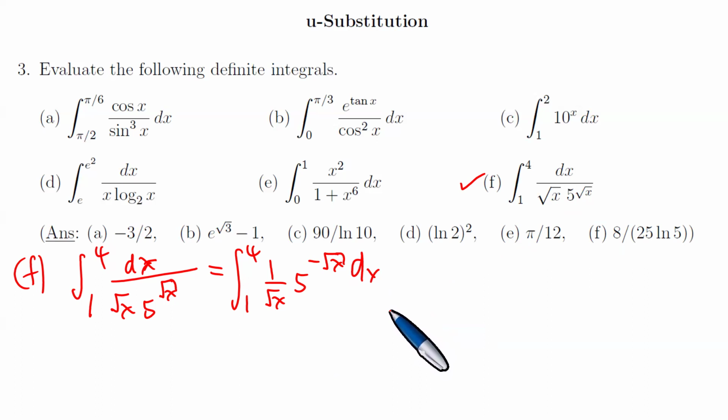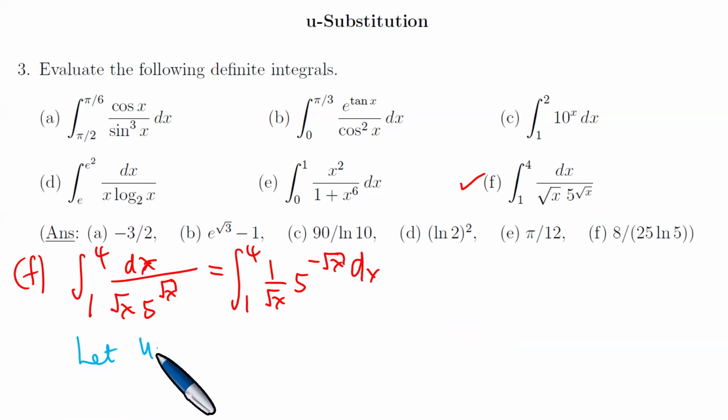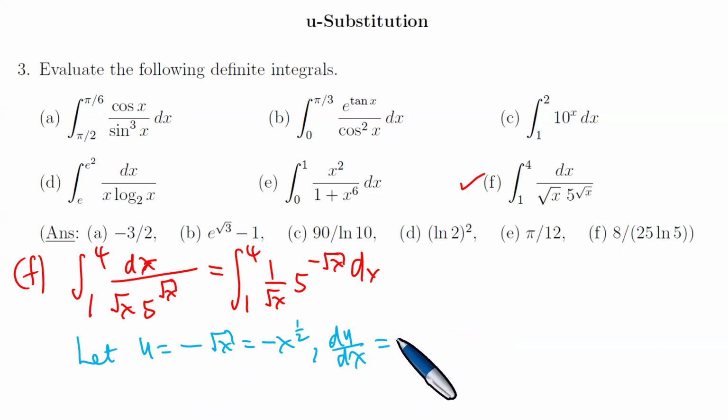Okay. And then at this point, you let u be the top. Okay, this top you can write in many ways. Like you can take the whole thing. Let u be minus the square root of x, which is minus x to the 1/2. Du dx is minus 1 over 2 the square root of x.